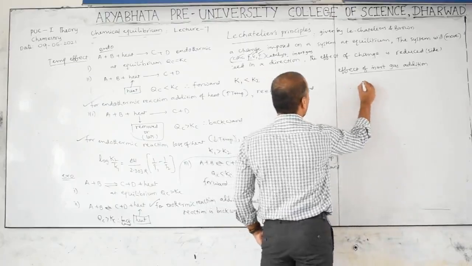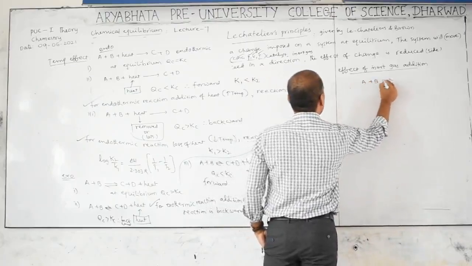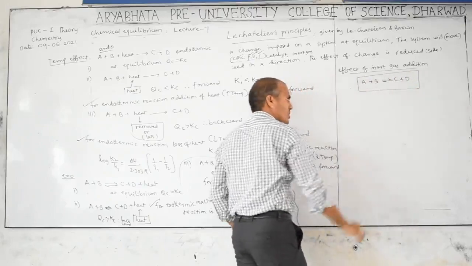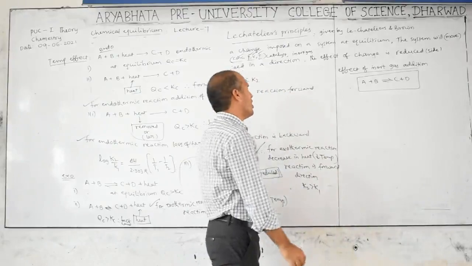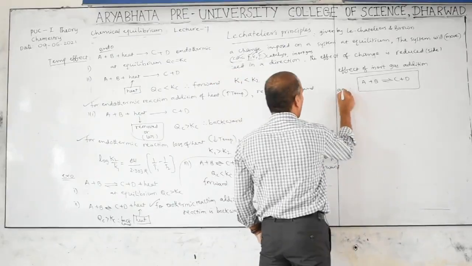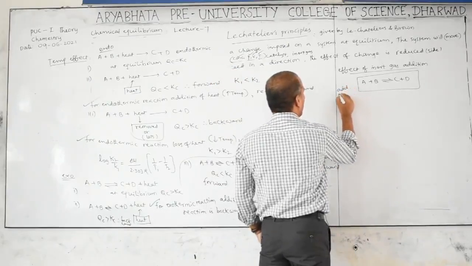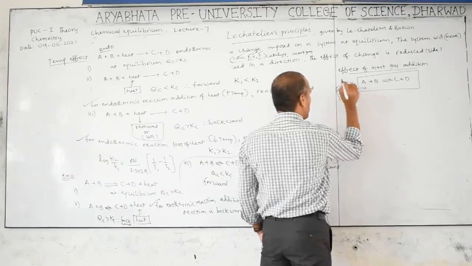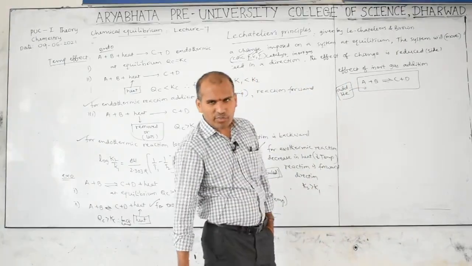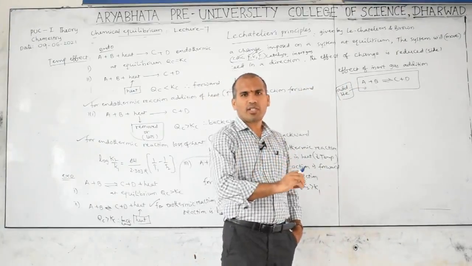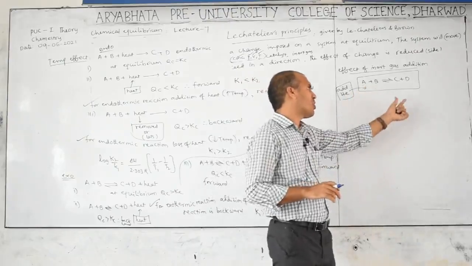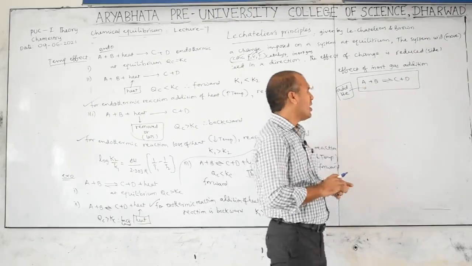Now keep in mind, A + B gives rise to C + D is a reaction mixture present in the reaction vessel. Now I add helium to this mixture. Inert gas means what? It does not react with any other components. So it does not react with the reactant, does not react with the product. Simply it is added.